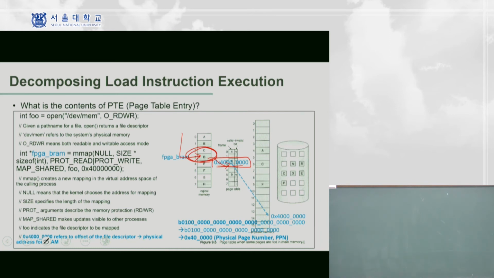Once you look it up, you know that the starting address of this page is 4000 in the physical address space. You then calculate the offset to access a specific location in this page. For example, let's say this page is the VRAM area. Okay.